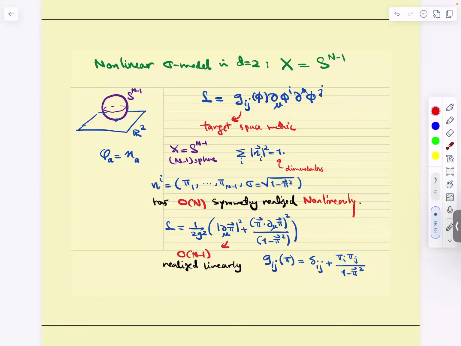So phi squareds add up to a number that you can just normalize to 1 and define normalized fields, n hat, right? Now they live on a unit sphere. Now, to do this normalization, you divide by some constant, and that is g. You put it down here. So your action, I'm going to write this down a little more explicitly, there's some coupling that sits here. This is a dimensionless coupling.